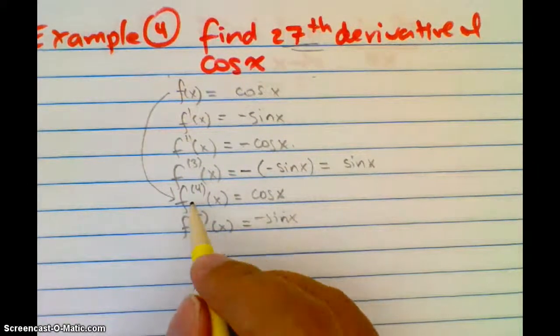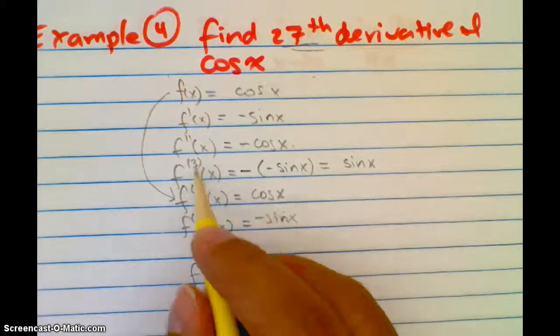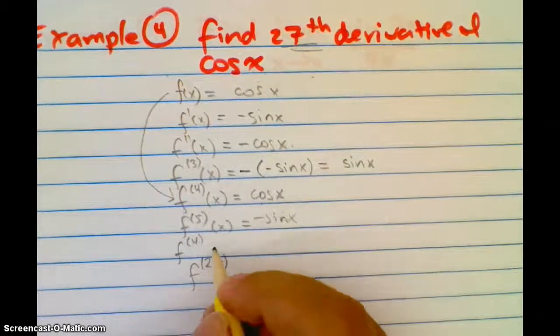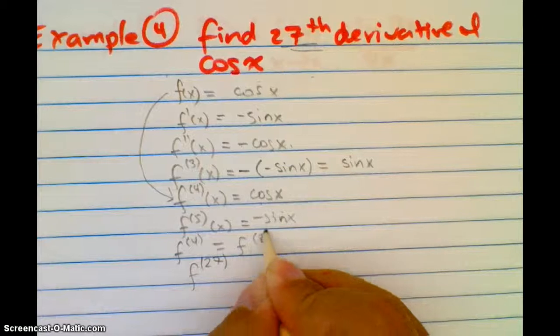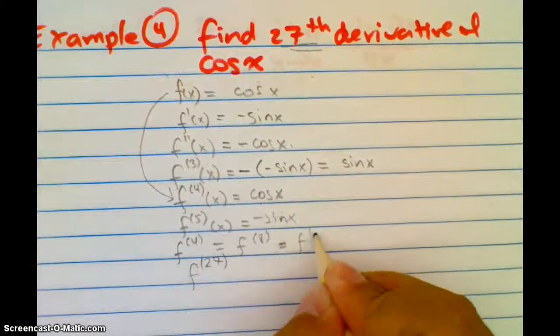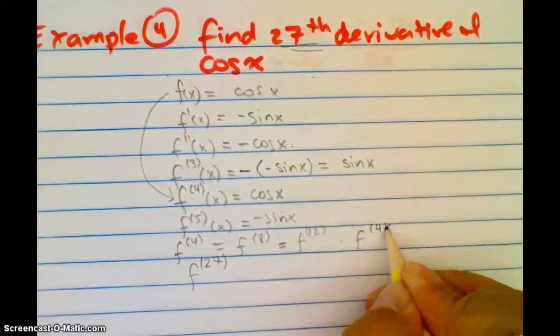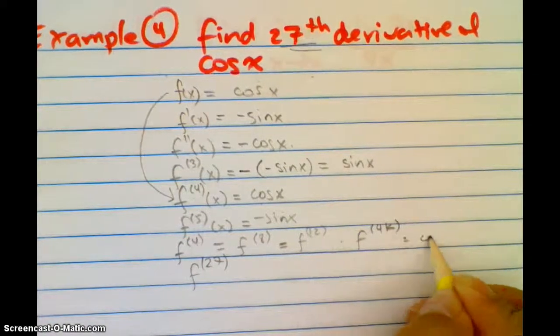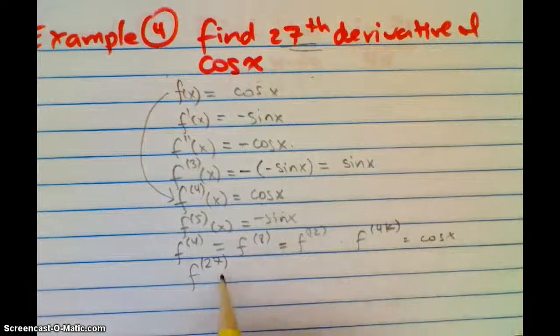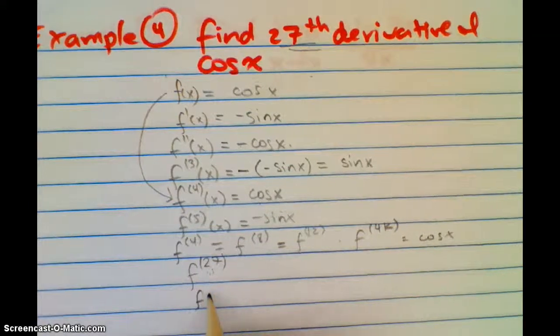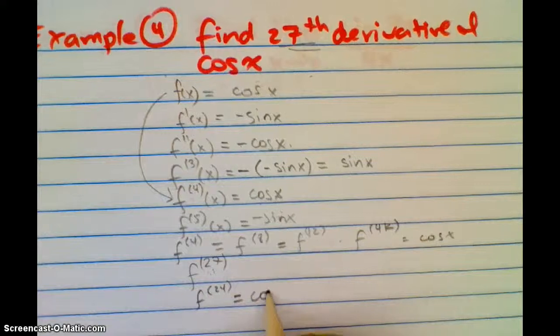So I know that the fourth derivative will be cosine of x, and it repeats every 4, so I know the fourth derivative will be the same as the 8th derivative, and it will be the same as the 12th derivative, and any multiple of 4 will be the same as cosine of x. So what is the closest multiple of 4 that is less than 27? And that would be 24. So I know the 24th derivative is cosine of x.